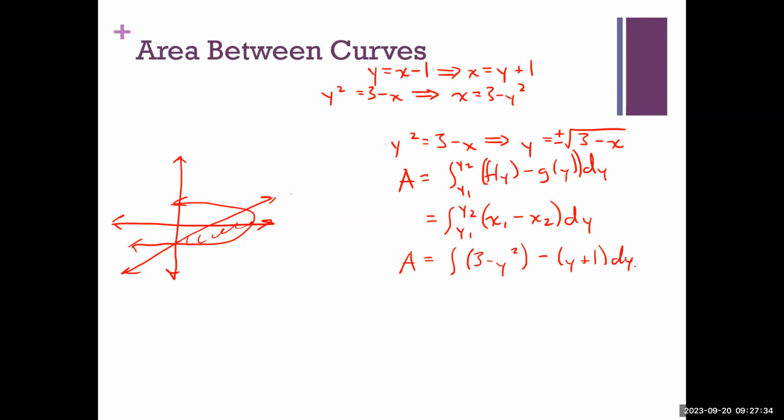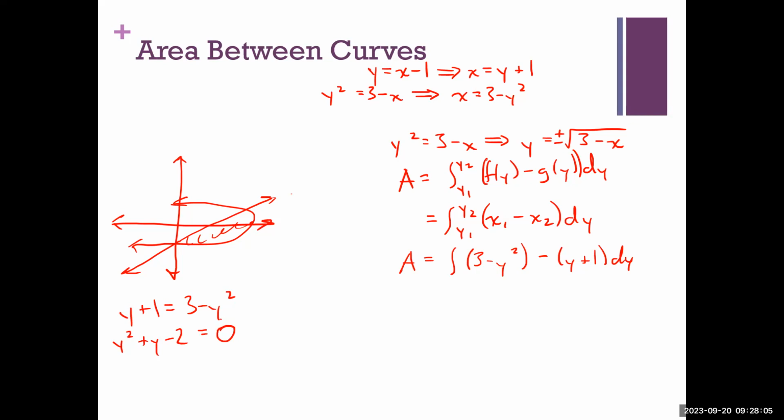Okay, all right, so what's left to do before we integrate? We've got to find the bounds, right? We have two functions that describe x, y plus 1 and 3 minus y squared. We can set them equal to each other. y squared plus y minus 2 equals 0.